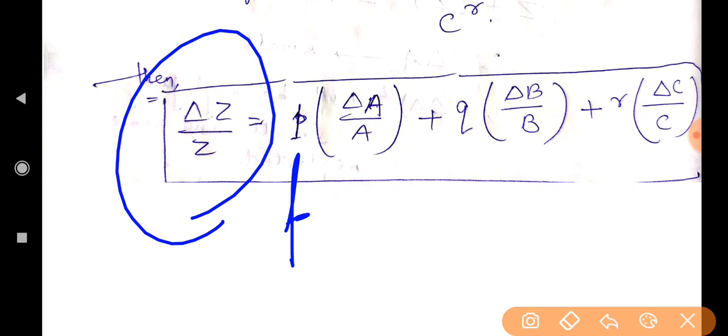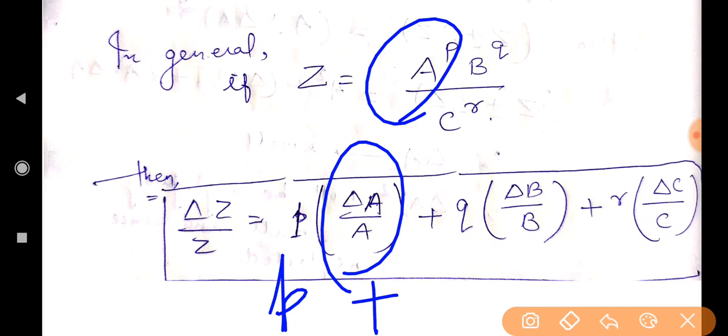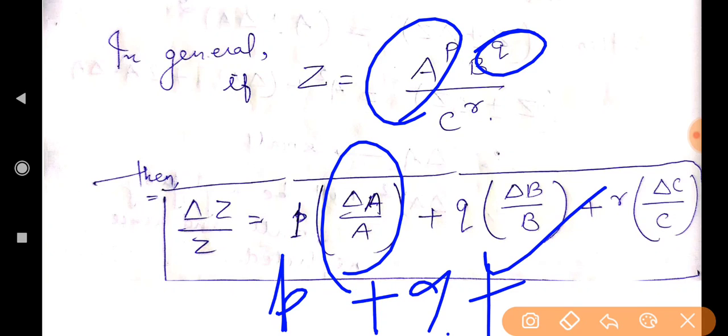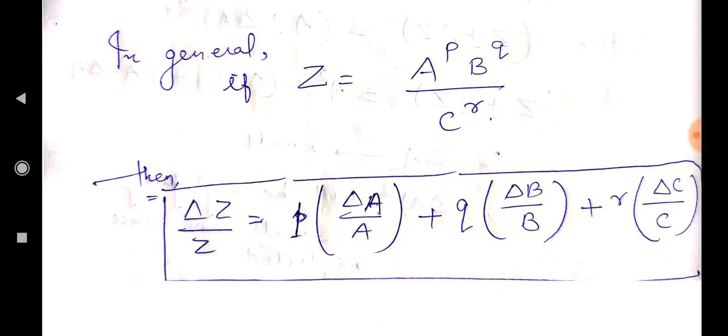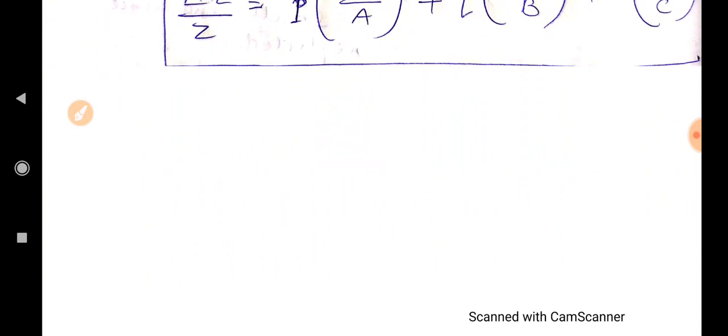So we have a to the power p here, so write p times relative error in a plus q times relative error in b plus r times relative error in c. Just you have to add by putting the power before the relative error to find the total relative error in z.